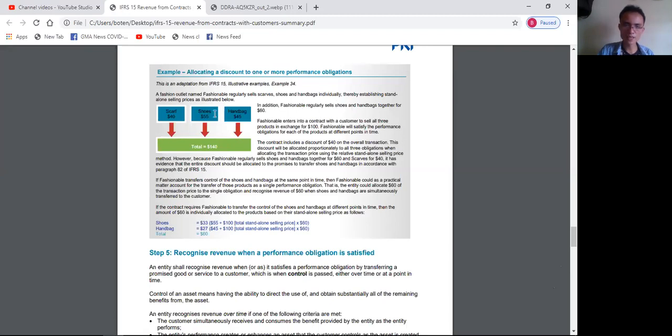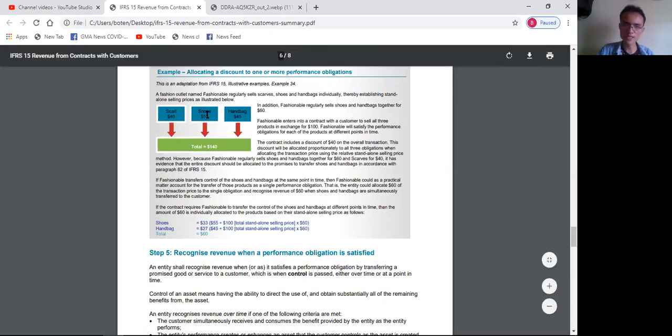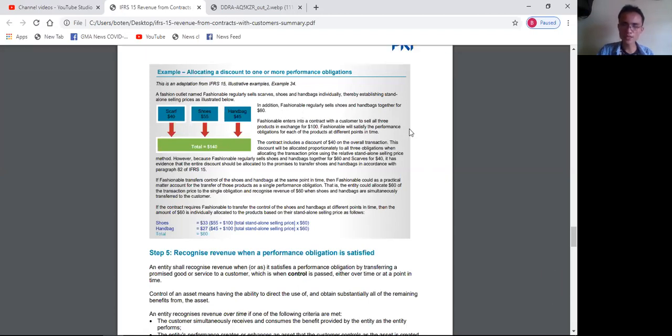Now, if Fashionable would sell shoes and handbags together, they will be sold at $60. 55 plus 45 is 100. If shoes and handbag will be sold together, the company will sell them at $60. In that case, there is a discount of $40, which is okay. When we buy items in a bundle, normally we get a discount.